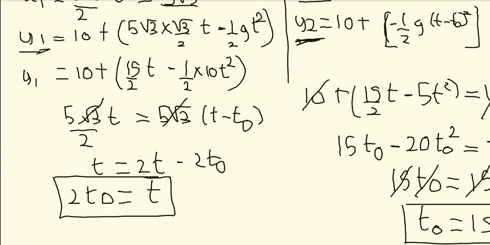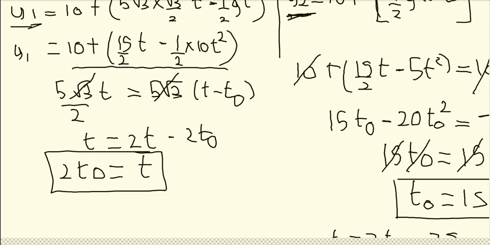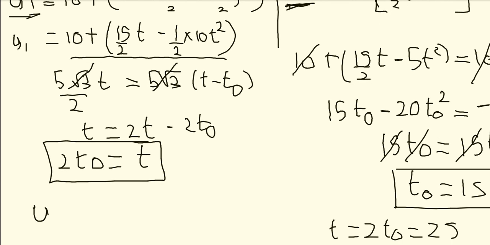Let us substitute the value in the coordinate of y. So y1 is equal to 10 plus 15 minus, when I substitute t as 2 seconds, it will be 2 square, which is equal to 4, so 15 minus 20.